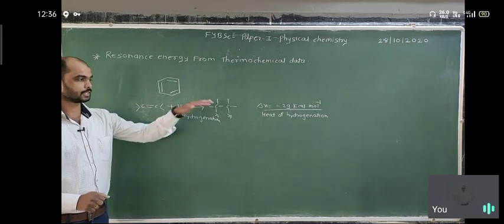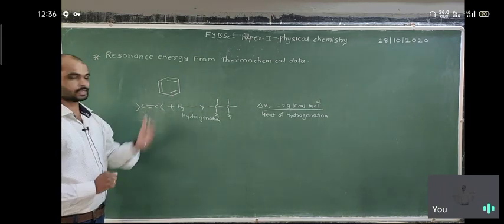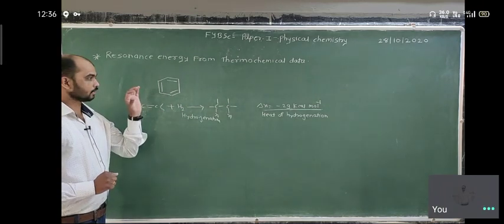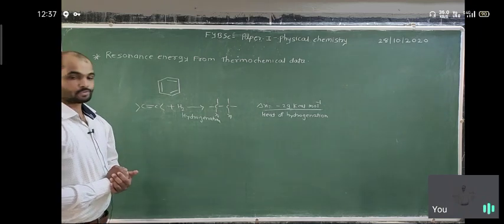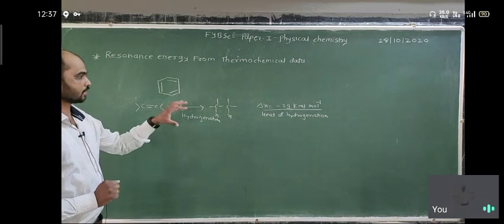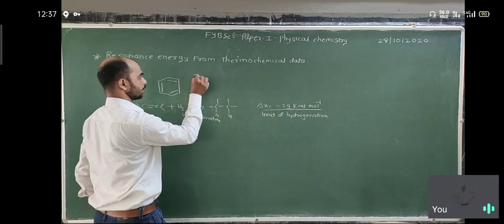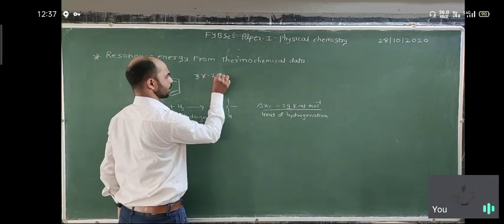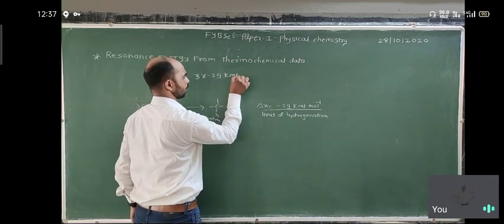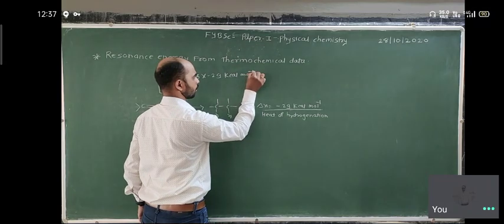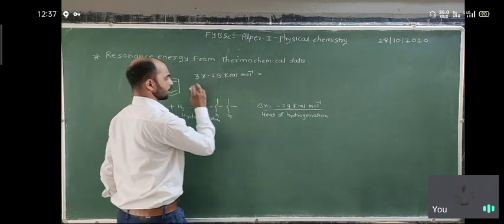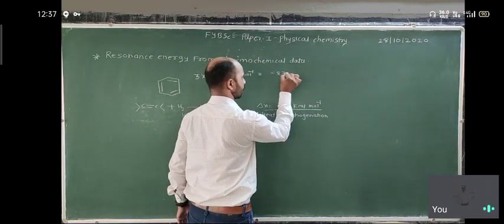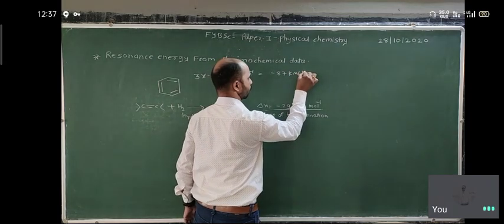If we consider this value, what do we expect here? Benzene has 3 double bonds. So we expect the energy to be 3 times minus 29 kilocalorie per mole, which is minus 87 kilocalorie per mole.